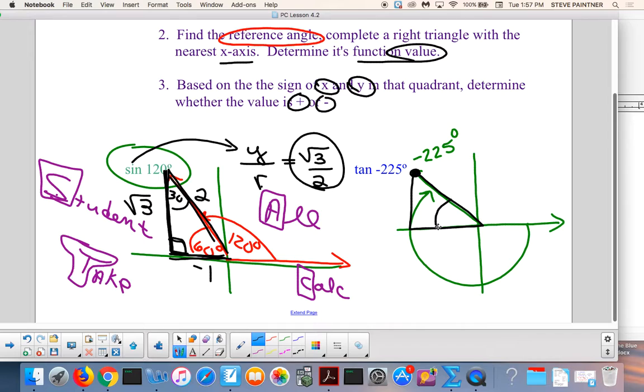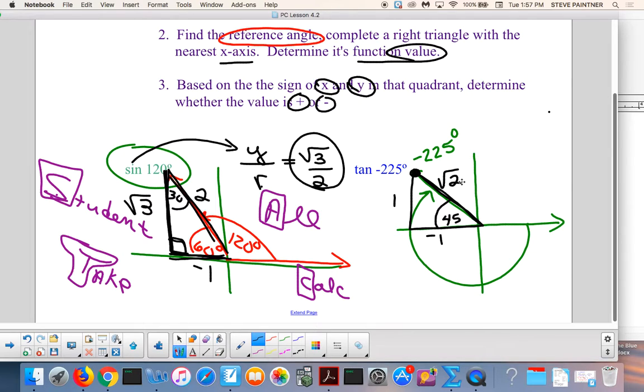Your reference is what? A 45. Okay, good. So you have a 45, which means your legs are what? 1 and 1. Which one's negative though? The x value is negative. The radius will be what?